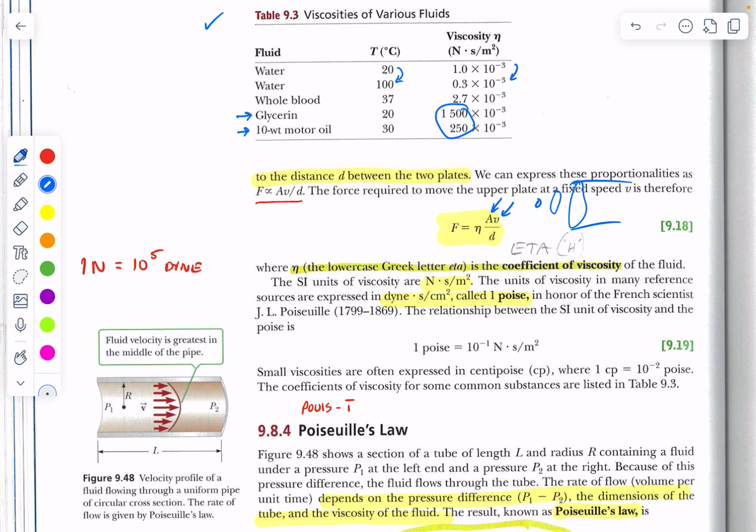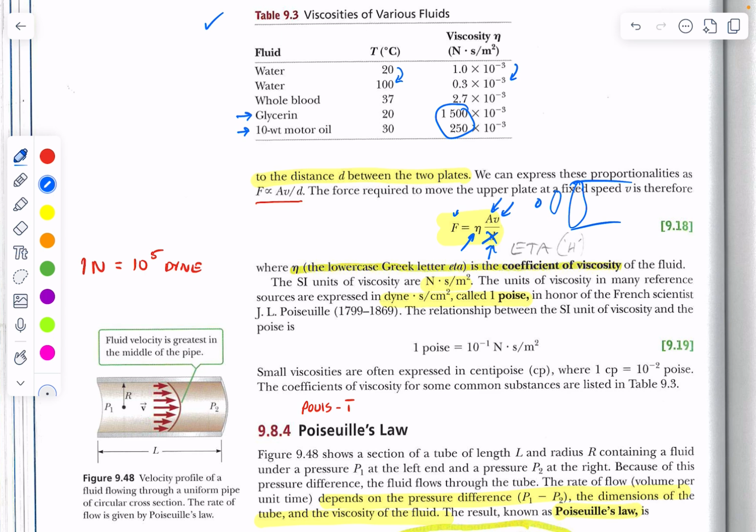You would also expect that the bigger the diameter, the less force is going to be required. And you also have your viscosity, which you can pull off a chart. So, I'm sorry, D is not the diameter, D is the distance.